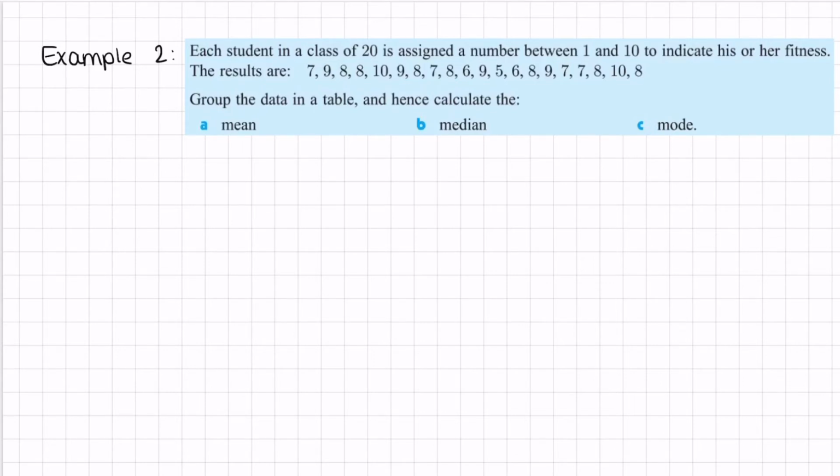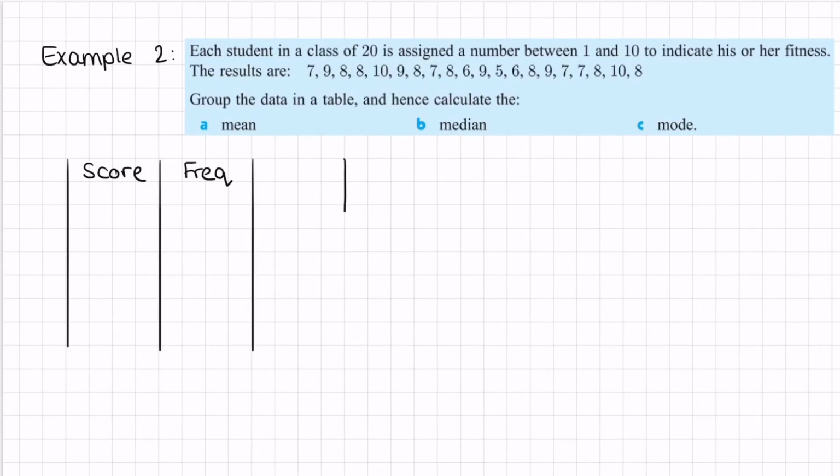So in our table we're going to have a heading for the score, a heading for the frequency, and we will need a third column as well, and I'll explain what the third column is in a second. Now if we look through the scores, we've got scores between 5 and 10.